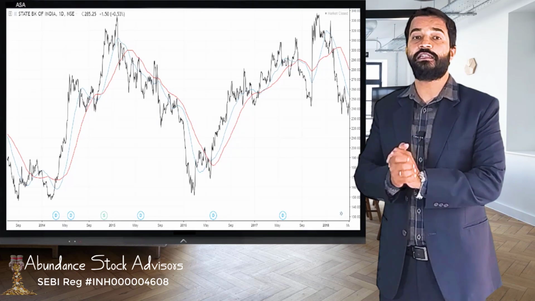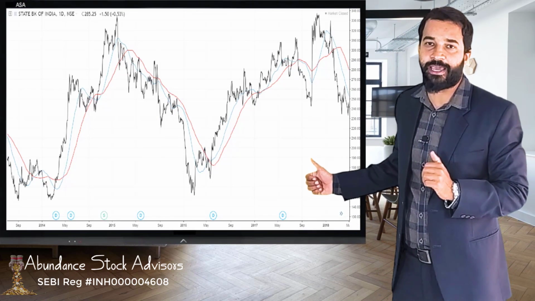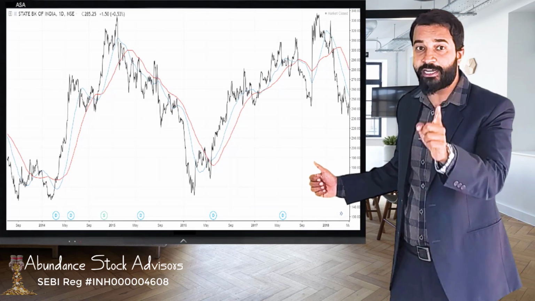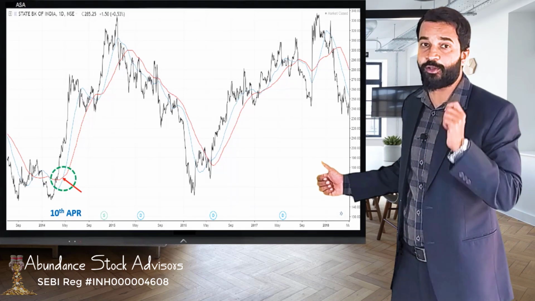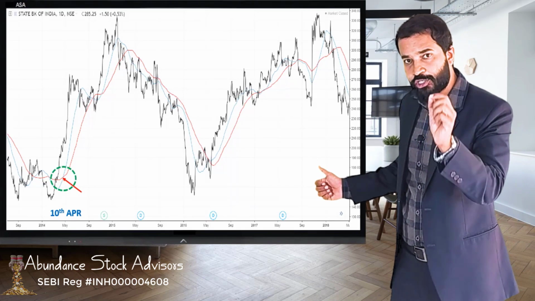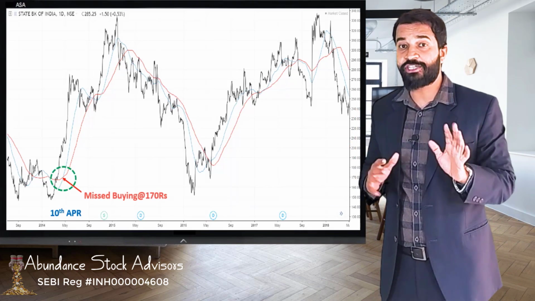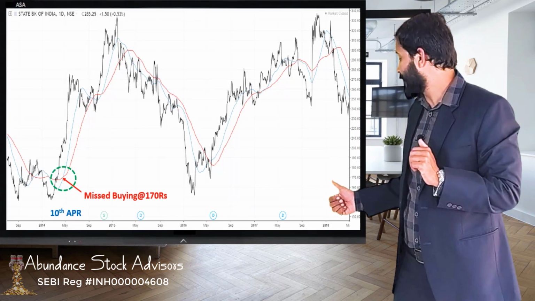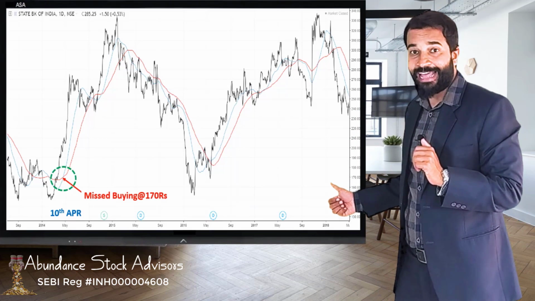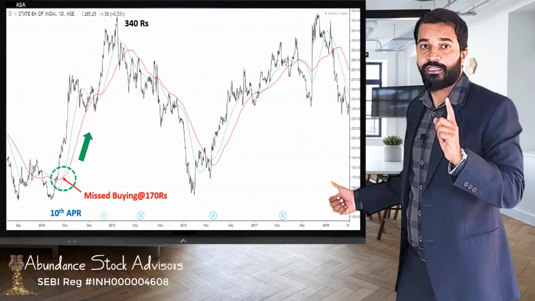So let's consider the same example of SBI. A buy signal was generated on 10th April at 170 rupees when the 50-day moving average crossed above the 100-day moving average. Now let's say you missed the trade on 10th April and the stock rallied till 340.